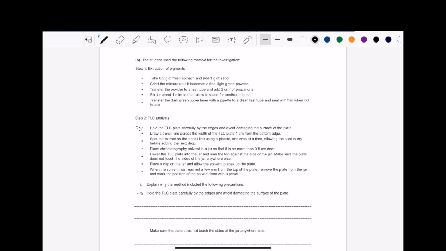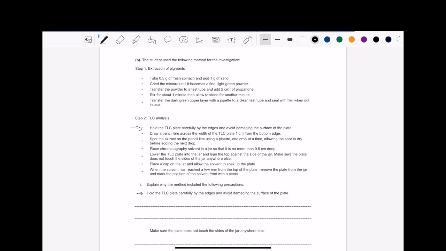Okay, so I'm going to read step 2, TLC analysis, and it says here, hold the TLC plate carefully by the edges, avoid damaging the surface of the plate. If I were to continue reading, it wouldn't really add anything to my thoughts, because when it says hold a TLC plate carefully, that is an important phrase, because you don't want your fingerprints to touch it. Now let's think why. TLC is all about pigments.